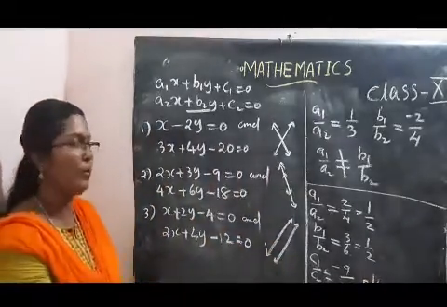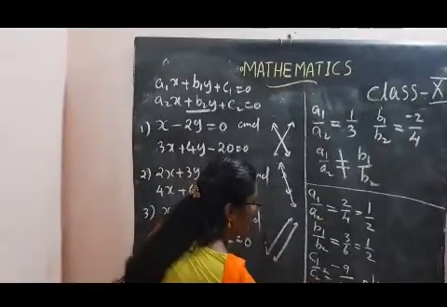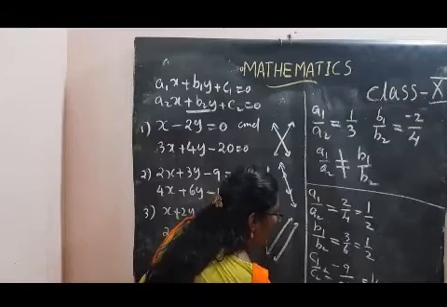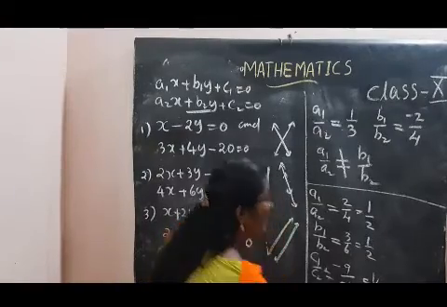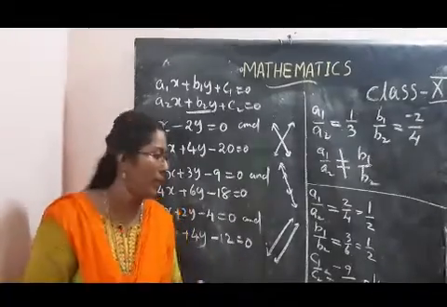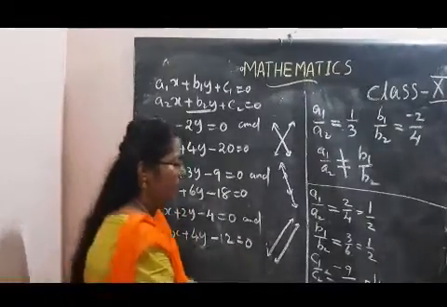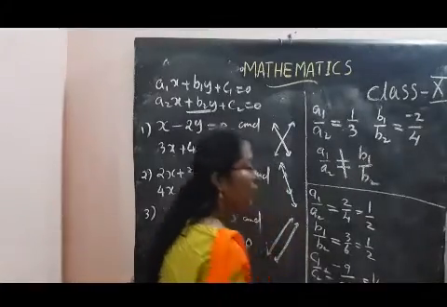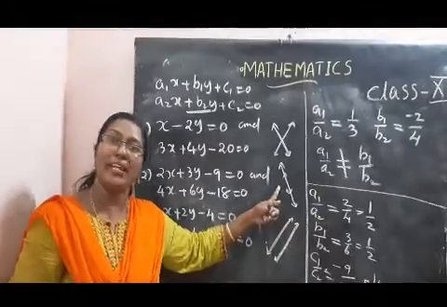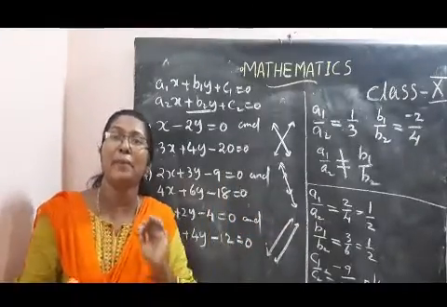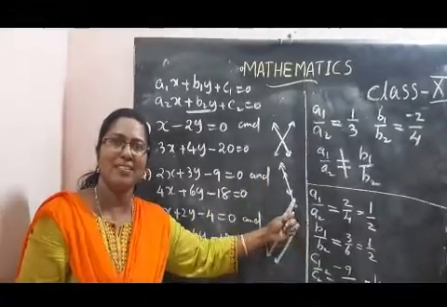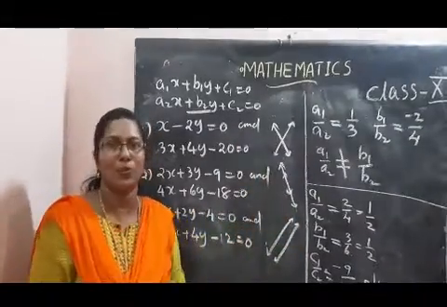Here we can conclude a1 by a2 equal b1 by b2 equal c1 by c2. The type of graph is coincident or dependent, with infinitely many solutions.